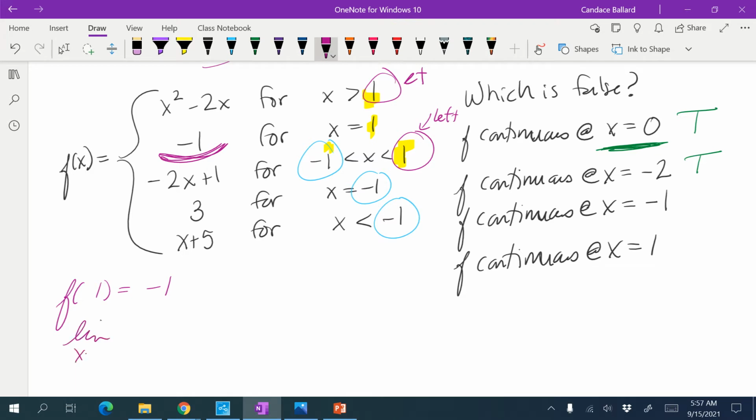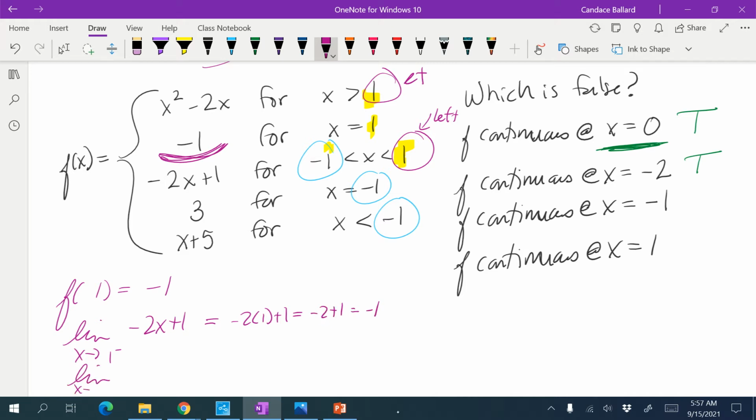So the limit as x approaches 1 from the left of -2x plus 1 equals -2 times 1 plus 1, which is -2 plus 1, or -1.